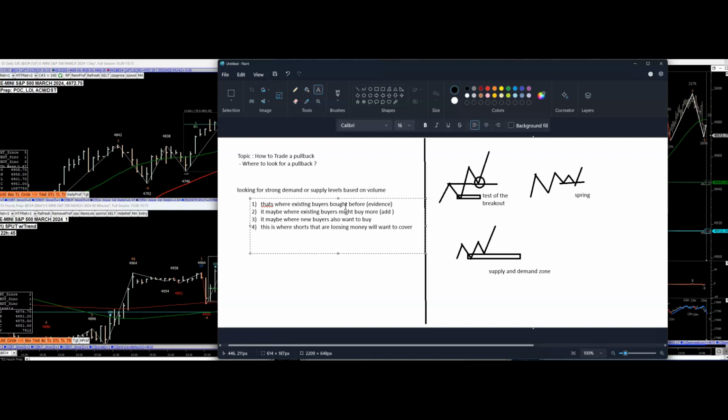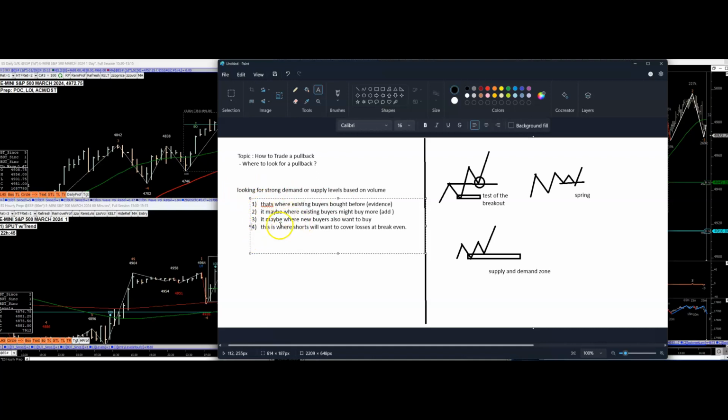All right, will want to cover shorts at break even. This is not a maybe. If you've got shorts, they're underwater, they're on the wrong side, they're going to want to exit, right? So these four are the key reasons.